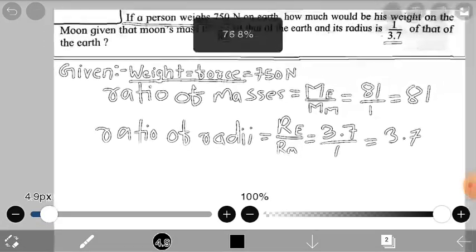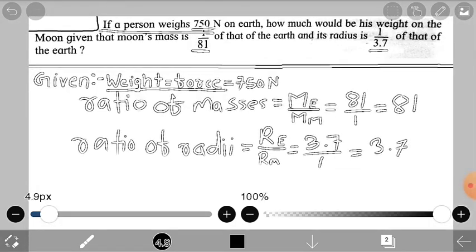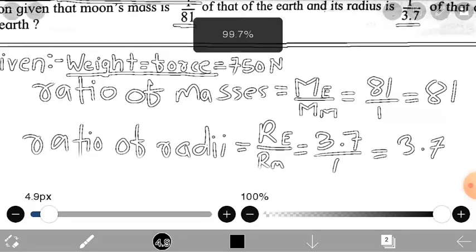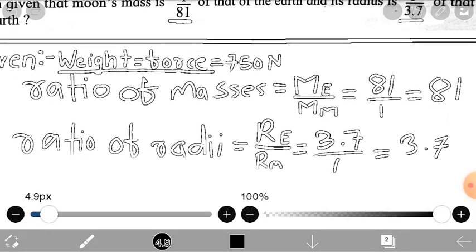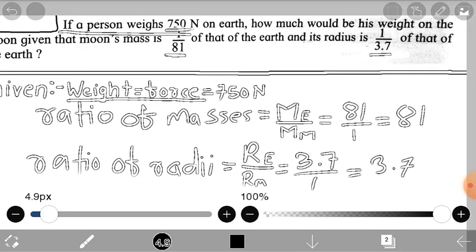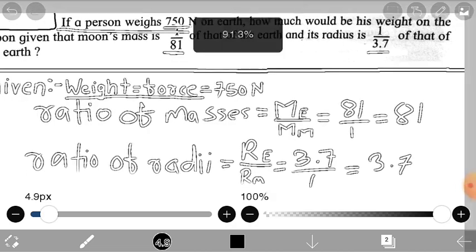As given, we can write weight equals force equals 750 newton, as we have seen in our videos that weight is equal to the force on the mass, that is the person on which the force is applying, which is 750 newtons.